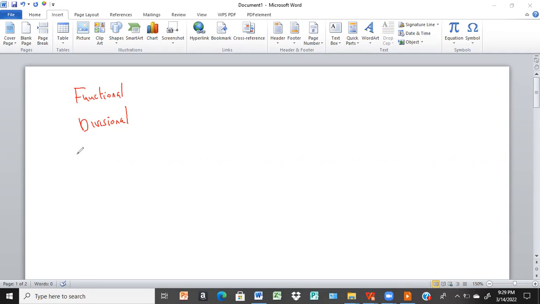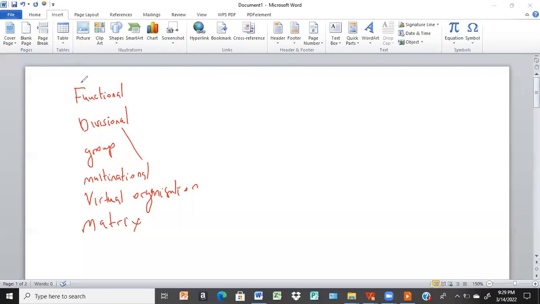Then went into a group structure. Then you go into the multinationals structures. We looked at virtual organizations. Matrix organization structures.